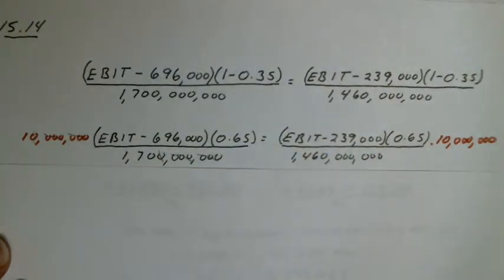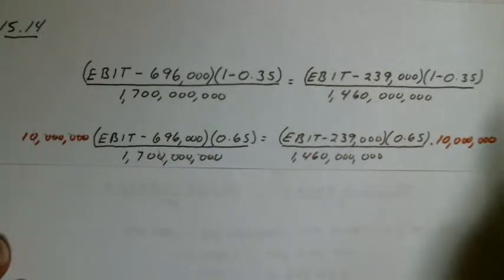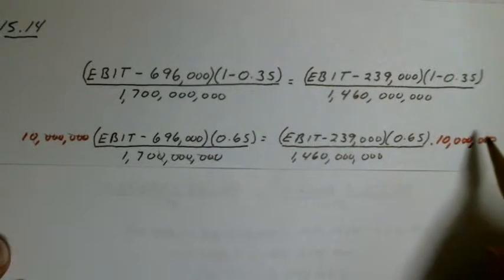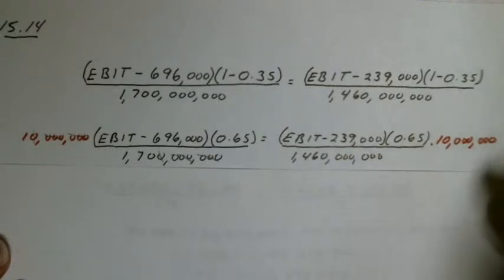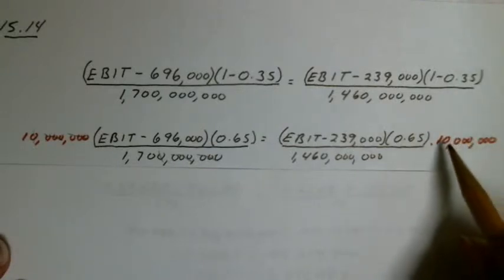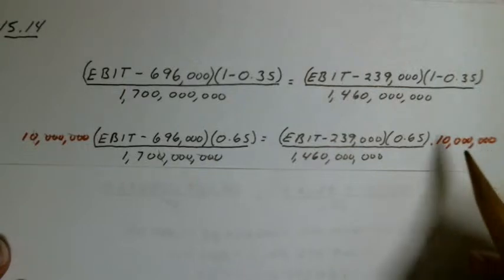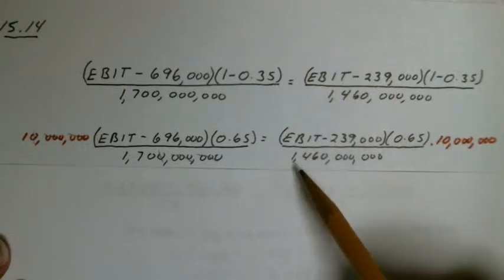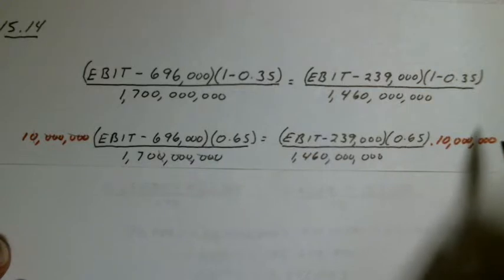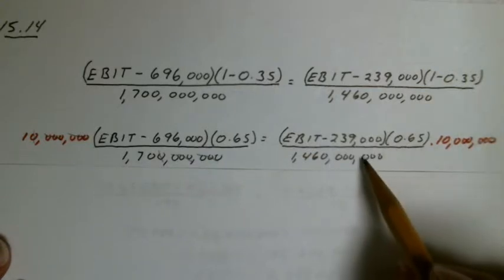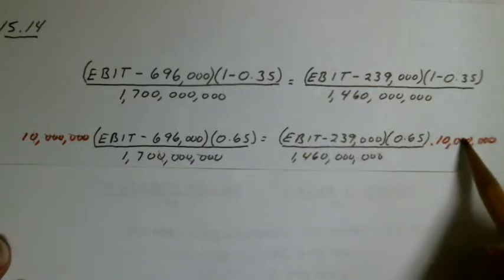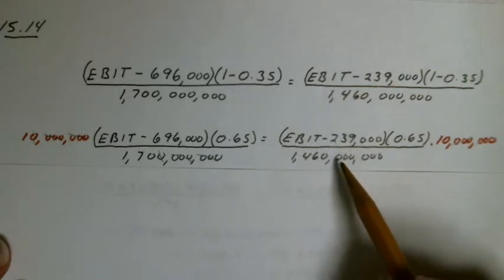It wasn't very mathematical the way I spoke about it, but hopefully you realize what's going on. That is, if this was only 1,000 over 1,000, it would be equal to 1. But here it's not 1,000, it's 10 million over the 1.46 billion. So again, we are factoring out factors of 1,000 here.